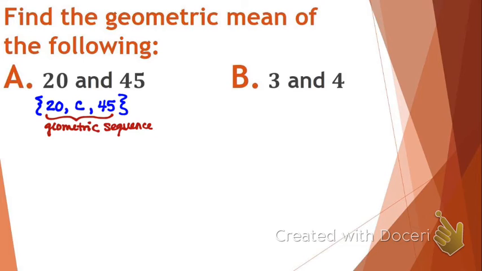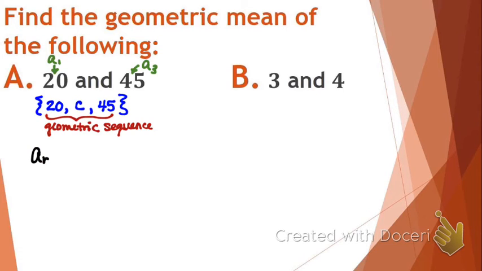So what do we have to work with? A1 and A3. 20 would be the first term in the sequence. 45 would be the third term in the sequence. So we are looking for the second term here.